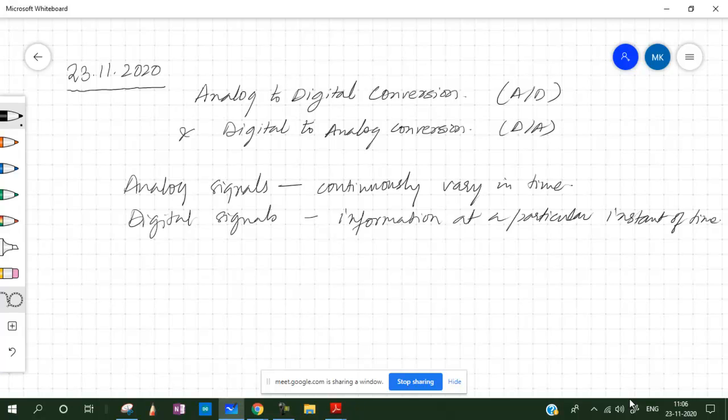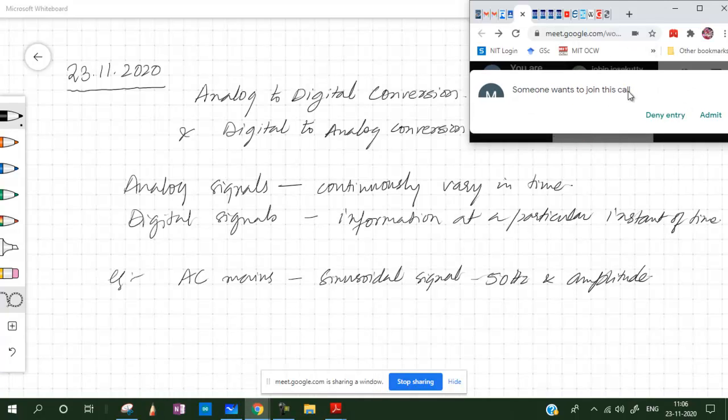Now, an example of an analog signal is a simple AC mains signal that we see, which is nothing but a sinusoidal signal with, let's say, some frequency, 50 hertz, and some amplitude.